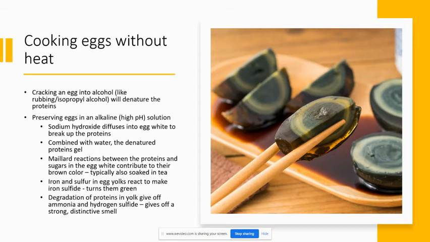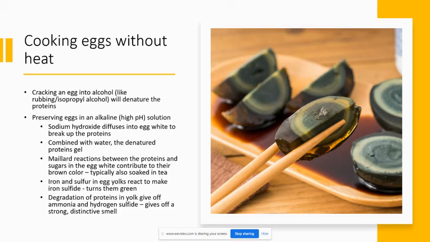So what happens is the sodium hydroxide from the alkaline solution diffuses into the egg white and breaks up the proteins. More than just denaturing, it actually cuts up the amino acid chains a little bit. Then combined with the water, the denatured proteins gel. So they do have a texture similar to a boiled egg.